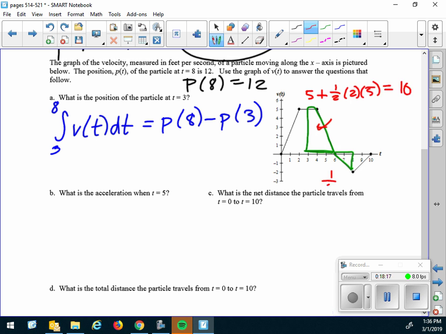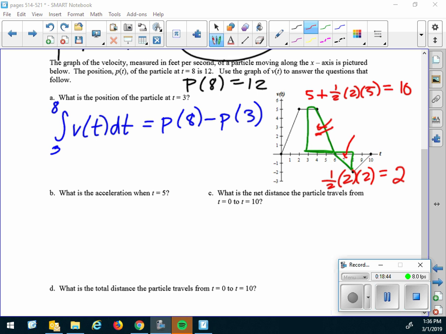This is a 2 by 2. So the area of the green, this piece right here has an area of 10.